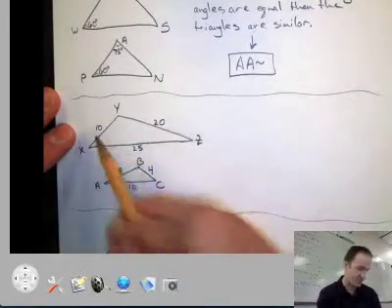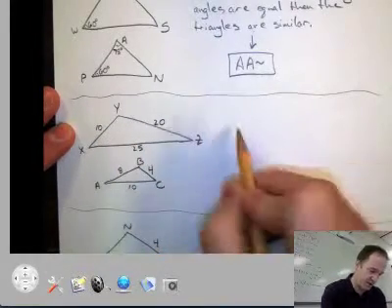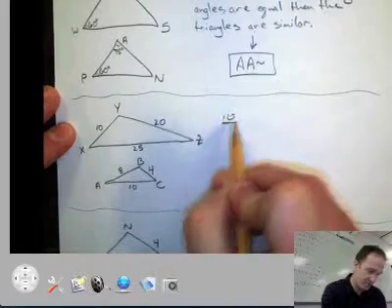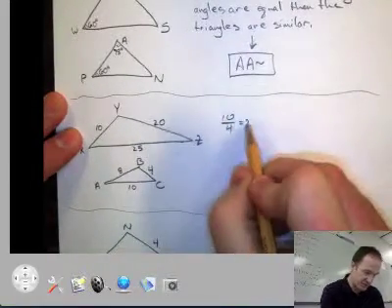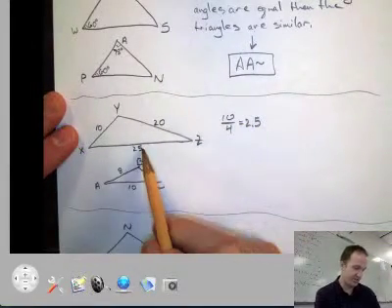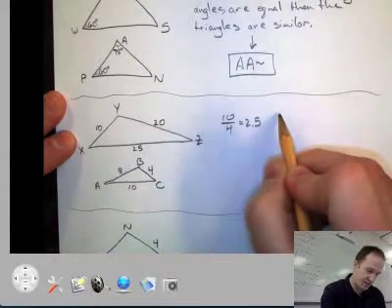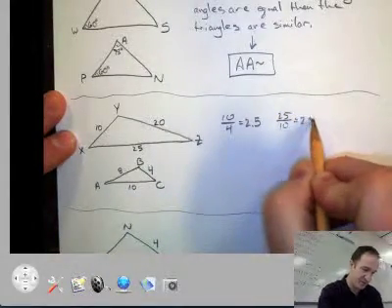Let's see, 10 is the smallest side in this triangle, and 4 is the smallest side in this triangle. So 10 and 4 are going to go together. Now 10 divided by 4 is 2.5. The longest side here is 25, the longest one here is 10. 25 divided by 10 is 2.5.